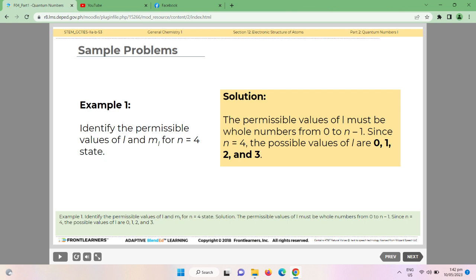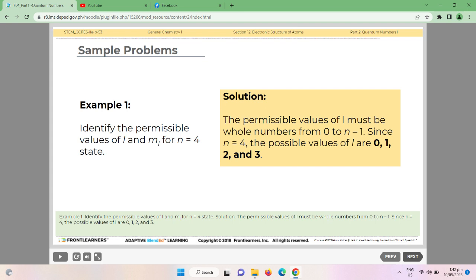Example number 1. Identify the permissible values of L and m subscript of L for n equals 4 state. Solution. The permissible values of L must be whole numbers from 0 to n minus 1.